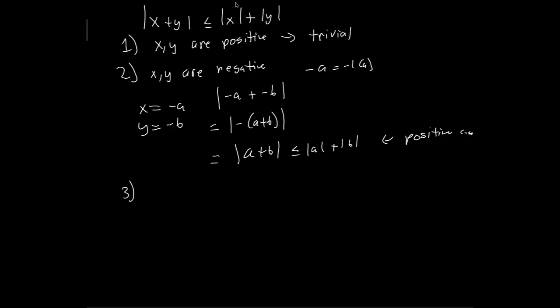Now we have to show that, let's see, x is positive and y is negative, right? Or the converse, the symmetry of this: x is negative and y is positive. Well, in this case, we do the same thing. Let's say we have the absolute value of negative a plus y less than or equal to the absolute value of negative a, which is just a, plus the absolute value of y, which is just y, right?